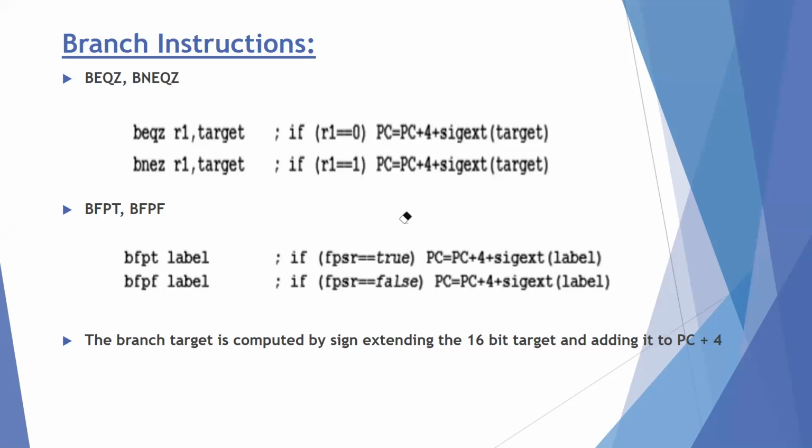So all those things have to be checked using branching instructions. We can have conditional branches as well as unconditional branches for DLX processor. We just have one condition that we check normally, that is compared to 0. So we just check a 0 comparison.